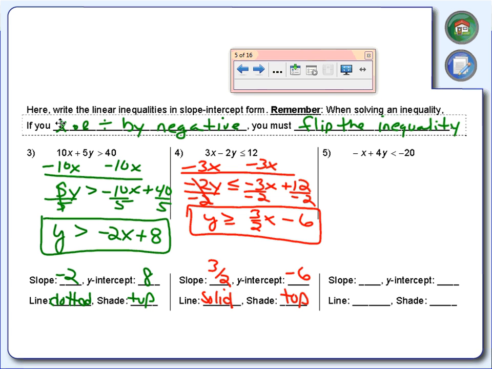All right, Cassie, why don't you come up here and show us your work? Show us your answer. Show your steps. Give me your slope, your y-intercept, your line, and your shade.